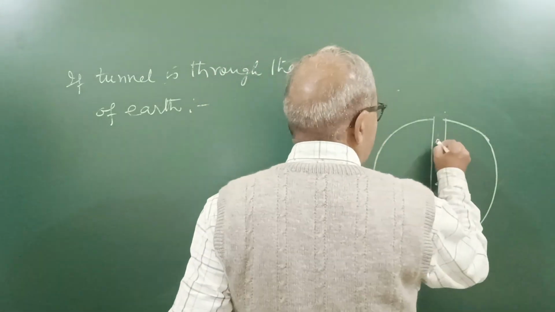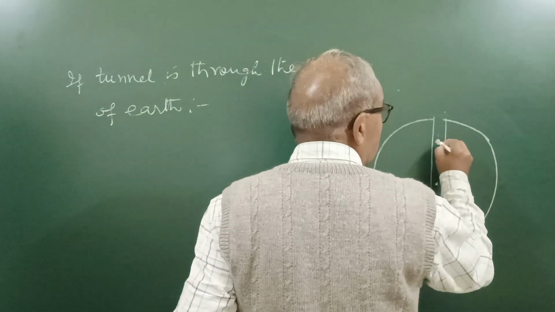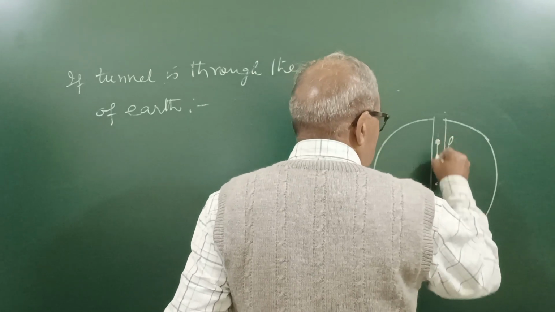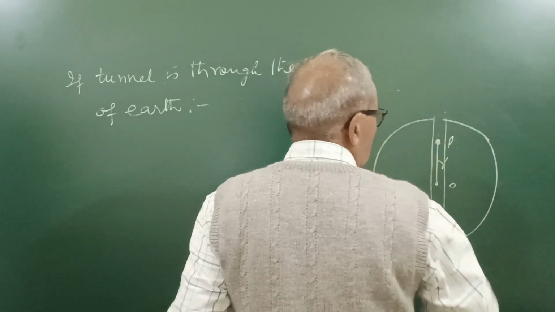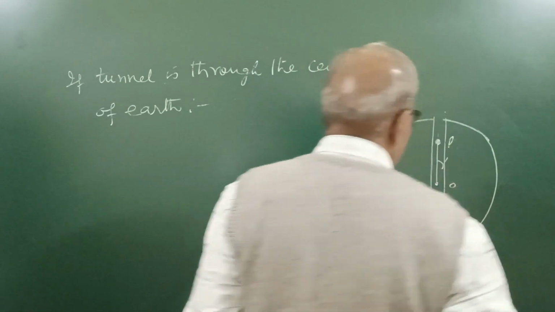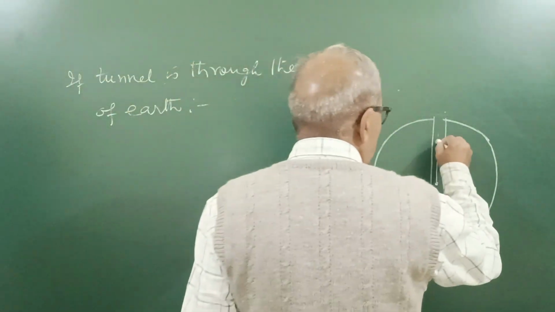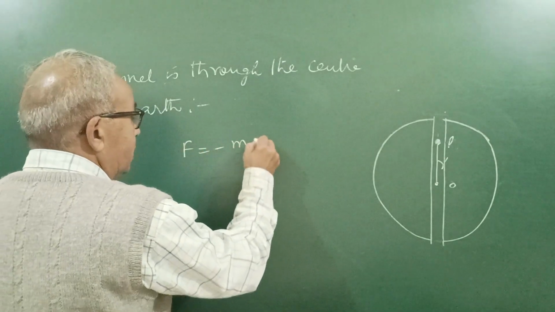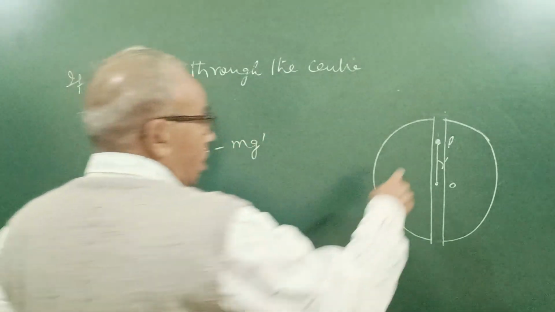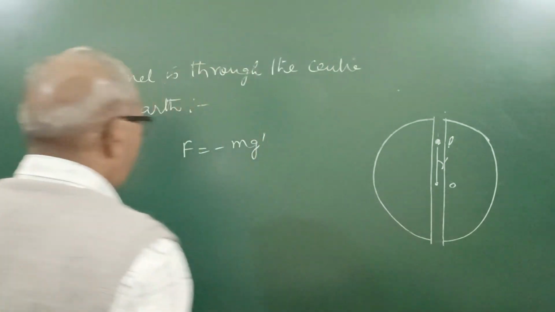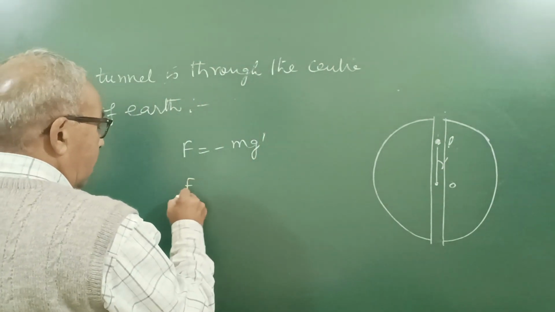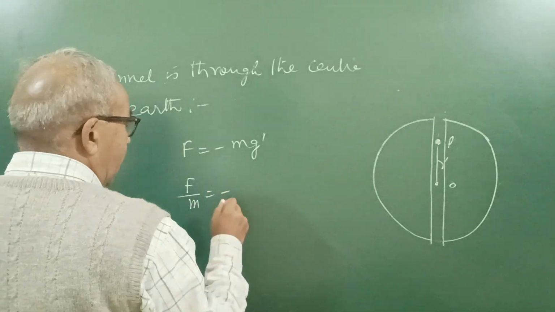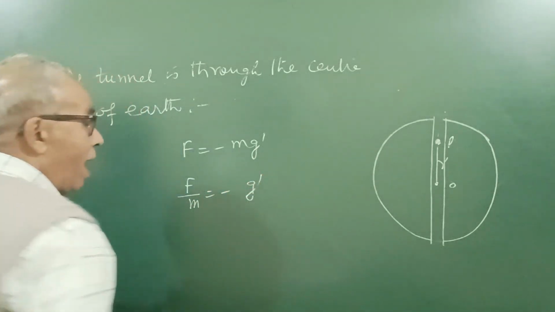Now let at any point of time the ball of mass m be here at point P. So this distance is r. The restoring force acting on it, F, is equal to minus mg dash, or F by m is minus g dash, which is the acceleration alpha.